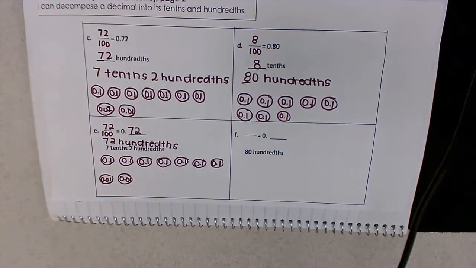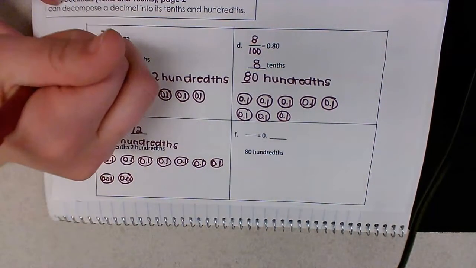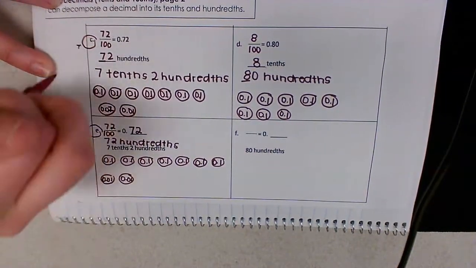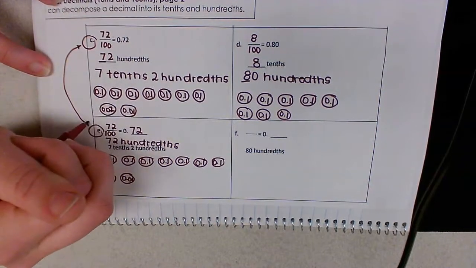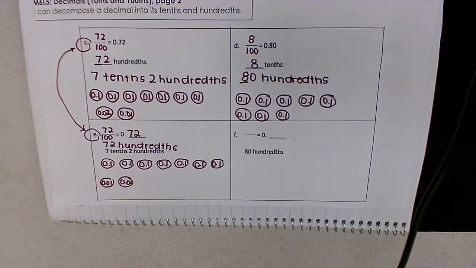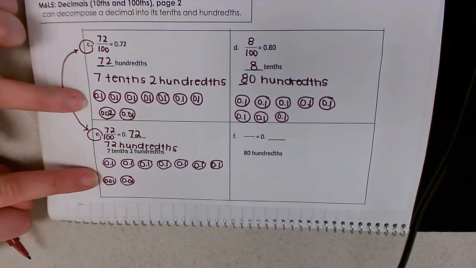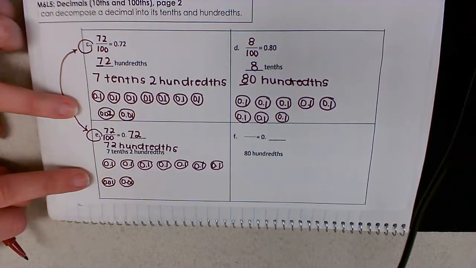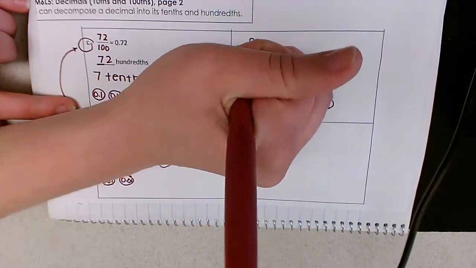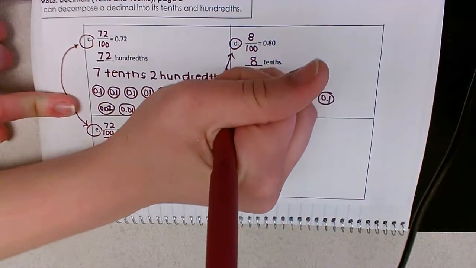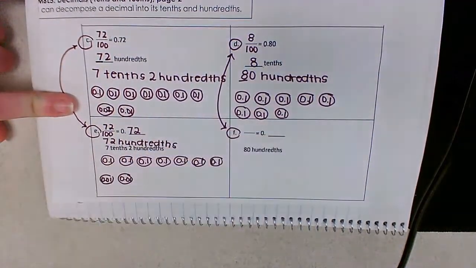You may have noticed that this problem and this problem, though represented differently, show the same amount. 7/10 and 2/100, 72 hundredths. We have the same fraction, the same decimal, the same drawings. So I have a hunch that when we get to D and F, we're also going to be seeing some similarities as well.